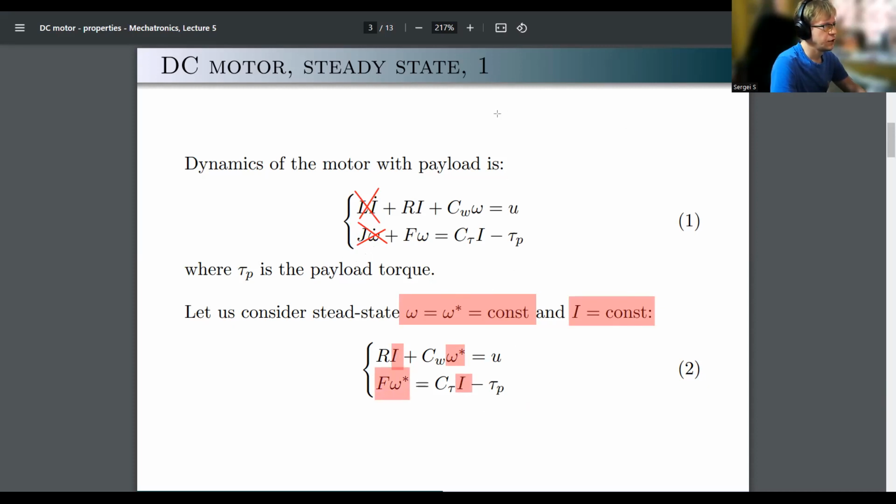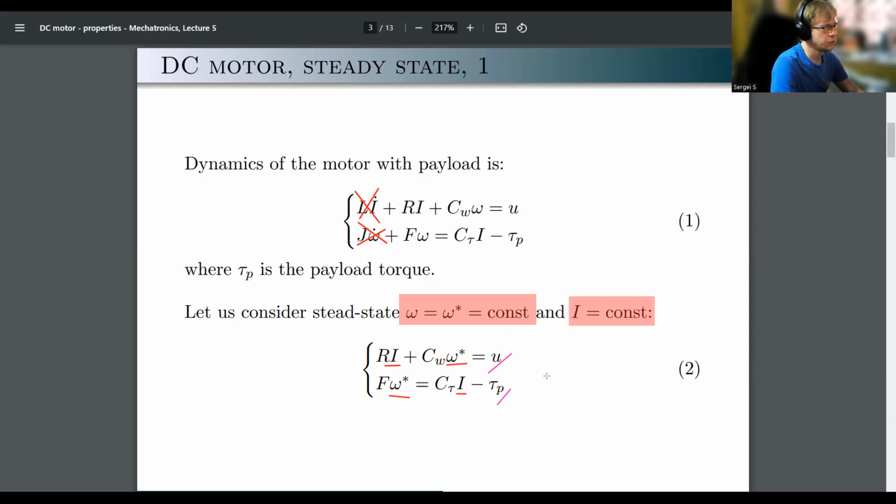Good. So now we have equations in new variables. We still have unknown variables. For example, the constant values of omega and I, you could say those are unknowns. Or you could say that U and tau are unknowns.